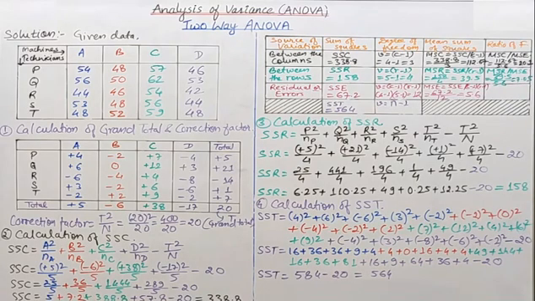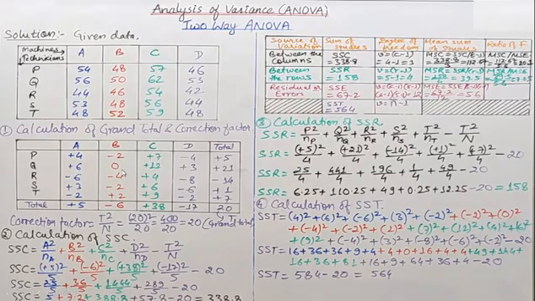SSC will be equal to A square upon NA plus B square upon NB plus C square upon NC plus D square upon ND minus T square upon N. So the value of A is plus 5, so A square is 5 square, and the degree of freedom for A is 5, so it will be 5 square upon 5.